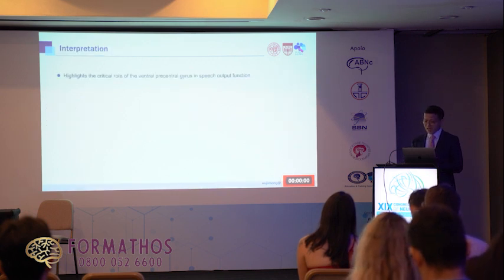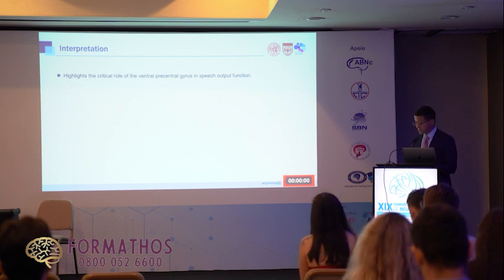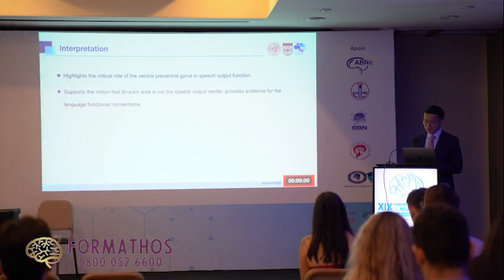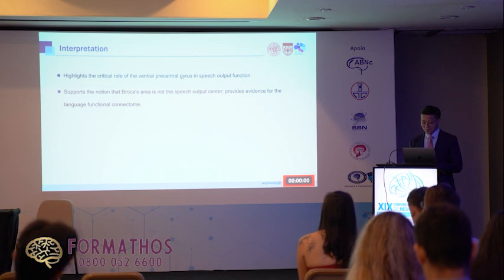Our study highlights the critical role of the ventral precentral gyrus in speech output function, and our research supports the notion that Broca's area is not the speech output center, providing evidence for the language functional connectome.